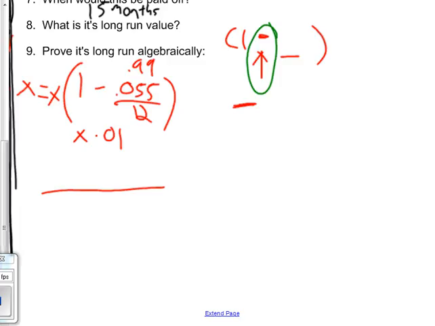I got that, but then you just said that this actually is the long run value. Right, but the example that I did was a decay. Yes, the example that I did was a decay.